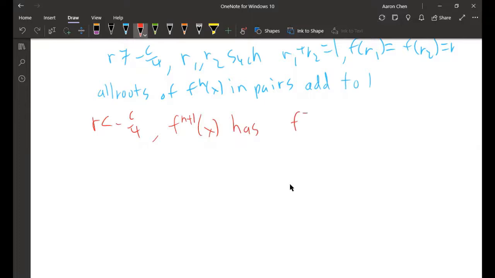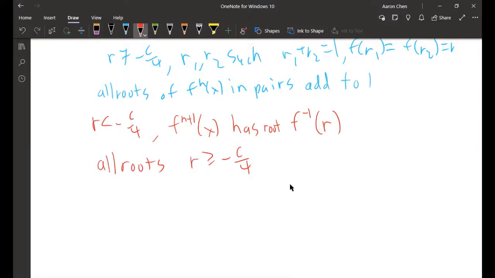The imaginary root would be the inverse of f of r, and this would be imaginary if this is true. And so what that means is that all roots are greater than or equal to negative c over 4.